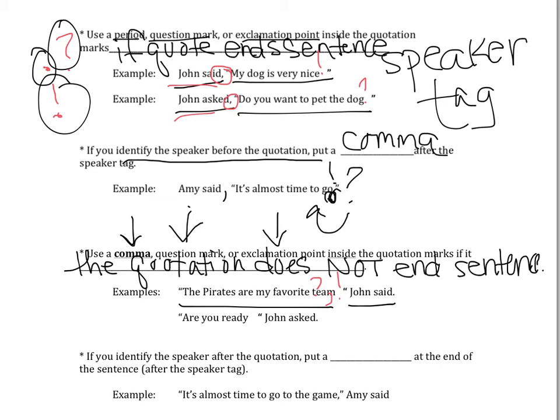Again, comma here if it were a question, exclamation point here if it was a question or something said with emphasis, but because it's a question, we're going to put a question mark here. So the only difference between these 2 is that if the speaker tag comes first, then you can put a period at the end of the sentence, but if the speaker tag comes second, you can put a comma at the end.